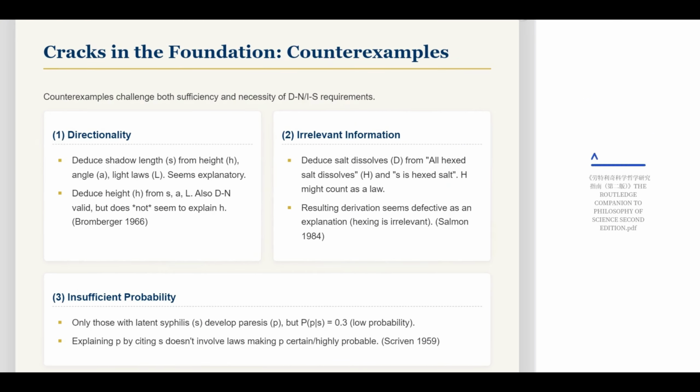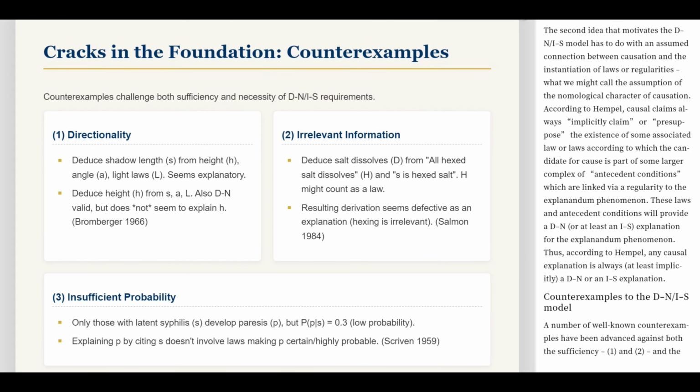But then came the troublemakers. Philosophers started finding examples that just didn't fit the DN/IS mold. These counterexamples began to chip away at the foundations. Take the first one, the flagpole and its shadow. Knowing the pole's height, the sun's angle, and light laws, you can deduce the shadow lengths. Seems explanatory, right?